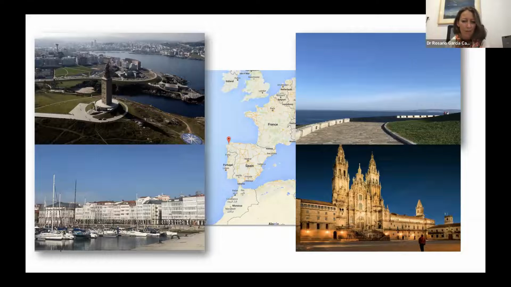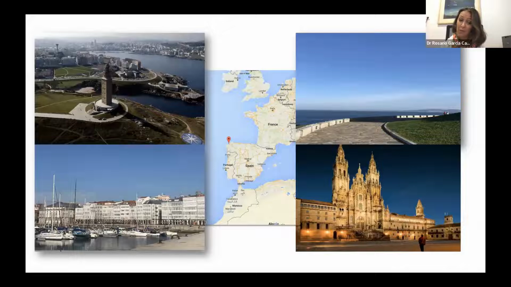Just to tell you where I am based, I am based in the northwest of Spain, in La Coruña. It's a very nice city. One of the most relevant places in the city, you can see in the slide, is the Hercules Tower, which has been declared a World Heritage Site. We also have the largest urban promenade in Europe, almost 30 kilometers all around the city.